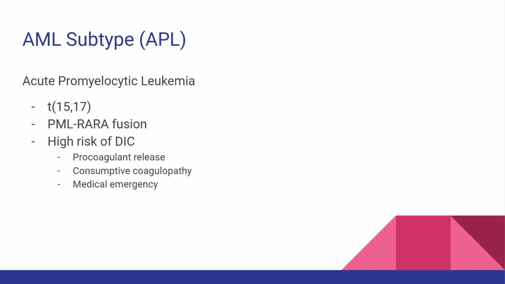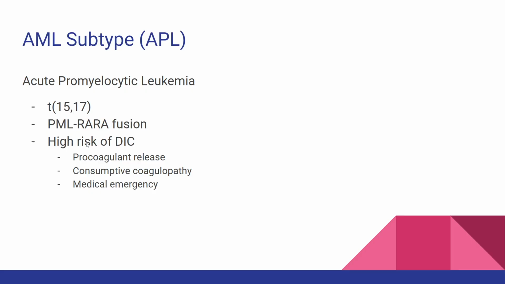And then this is the subtype. This is acute promyelocytic leukemia, also known as APL. The subtype that you have to know has a translocation, right? The t between chromosomes 15 and 17. You need to know that t(15;17) relates to APL, which is a subtype of AML. Okay, so this is very important.